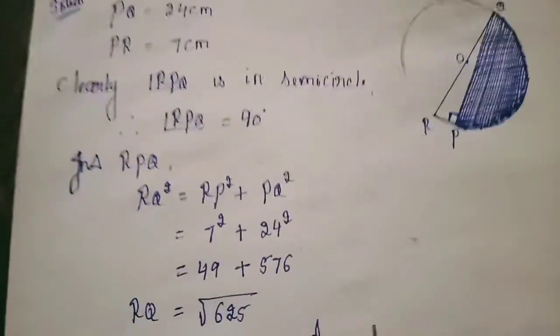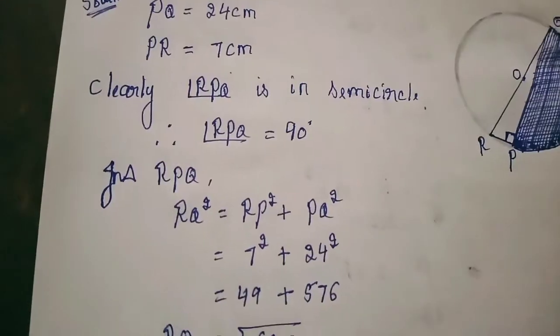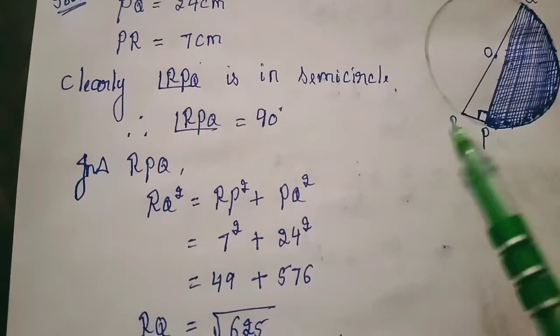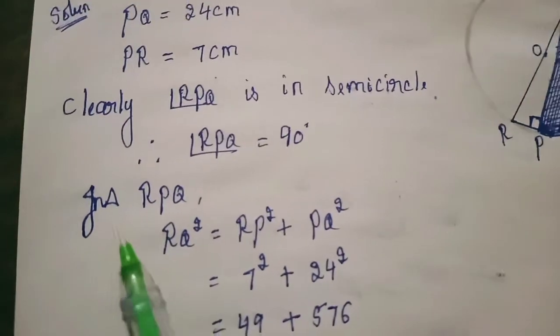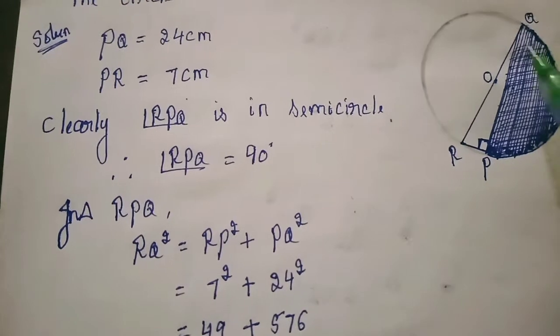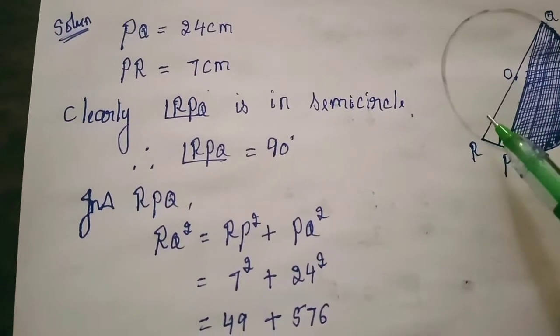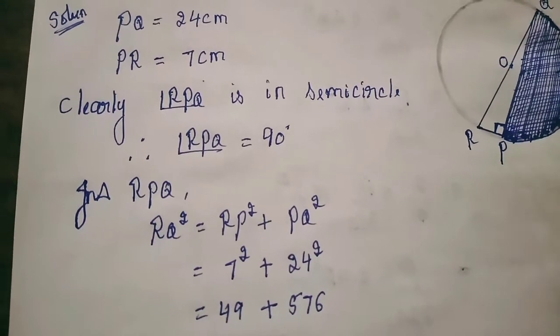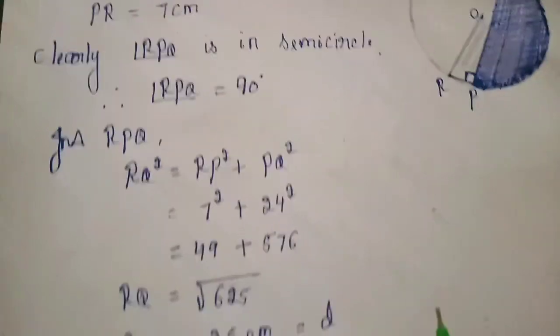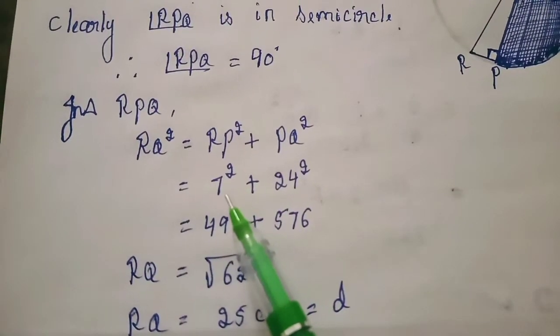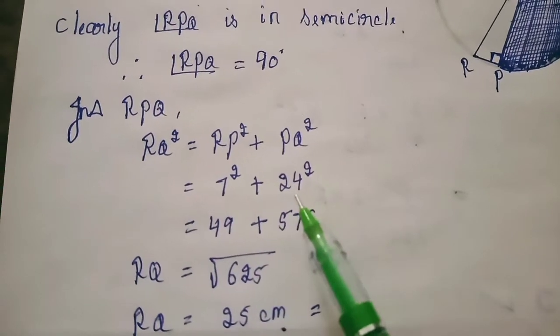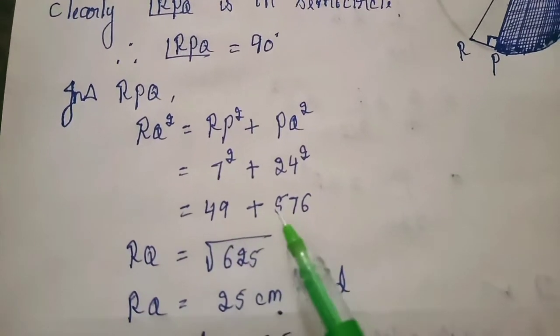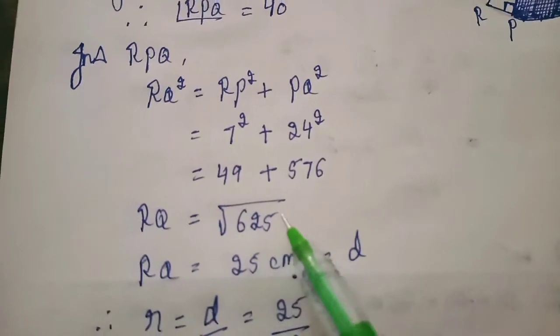So let us find the diameter now with the help of Pythagoras formula. In triangle RPQ, you can see the diagram here, RQ is the hypotenuse. RQ square equals RP square plus PQ square. So 7 square plus 24 square, 49 plus 576, that is 625.